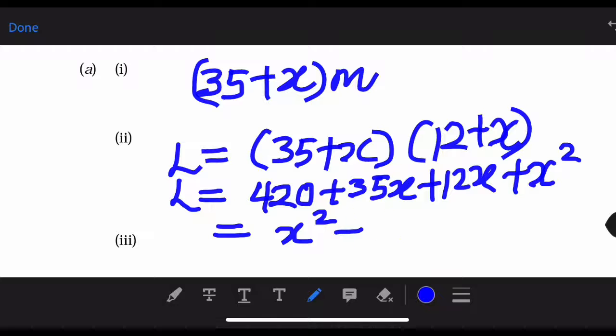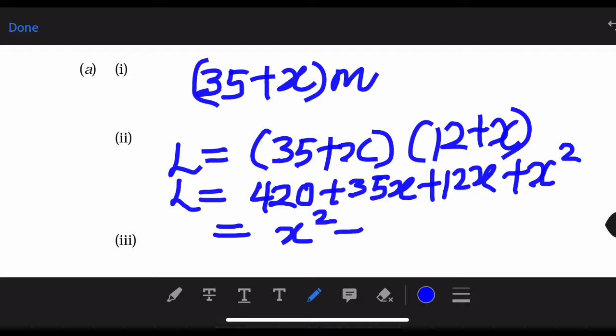So we need to remove this triangle, which is half times the base times the height. So this one is 1/2 times 12 times x. So it's actually 6x.